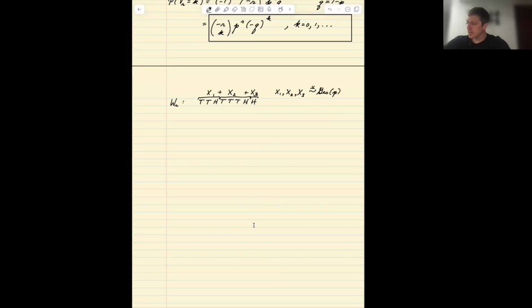X1 is the waiting time until the first head. X2 is also distributed as the waiting time till the first head. It just happens to be the second head in the sequence when we look at it as a whole.